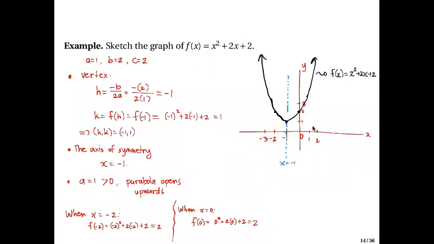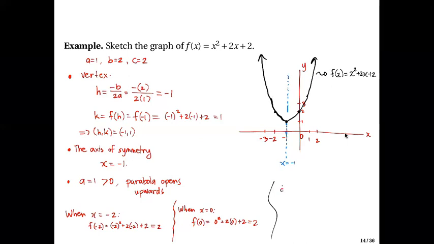So we have the sketch. We did not compute for the discriminant, but anyway, let us try to compute what the discriminant is. And you will see that our discriminant will be negative. Why is it negative? Notice, according to our graph, the graph does not touch the x-axis nor cross it, which means the discriminant must be negative.